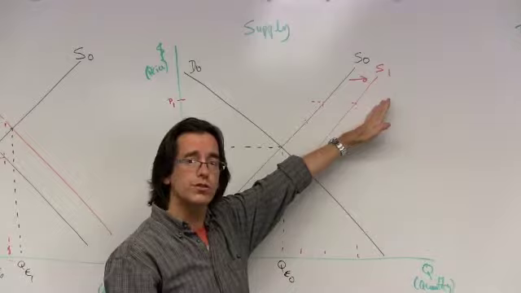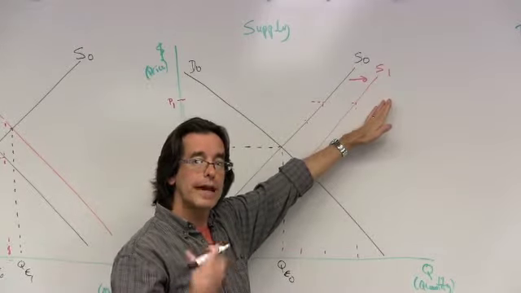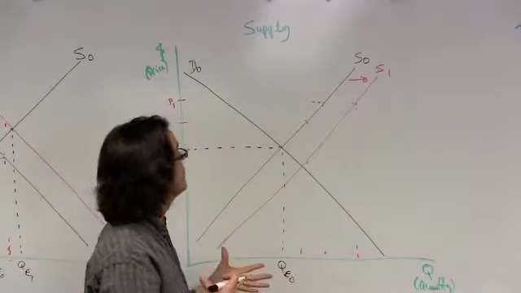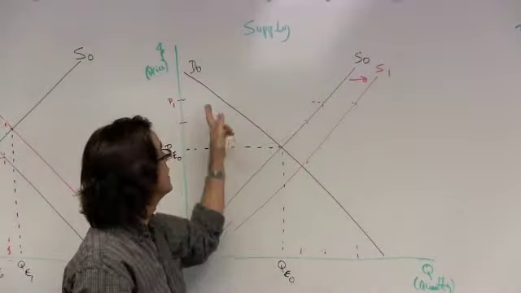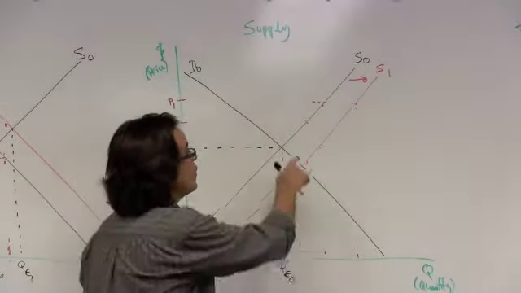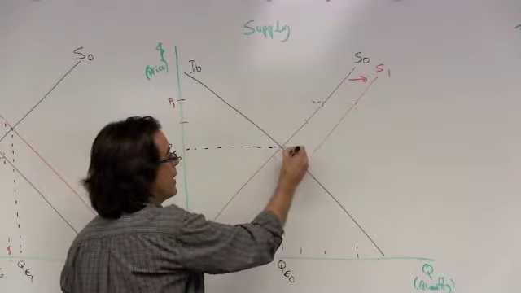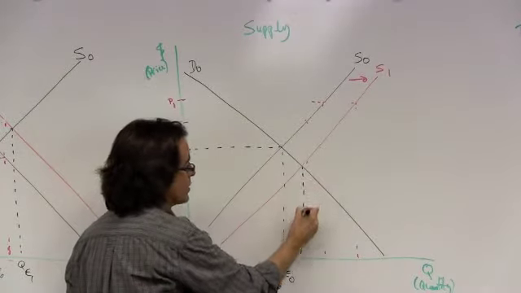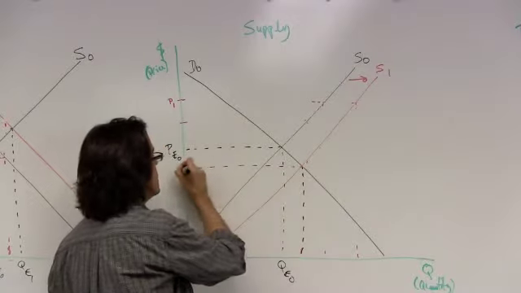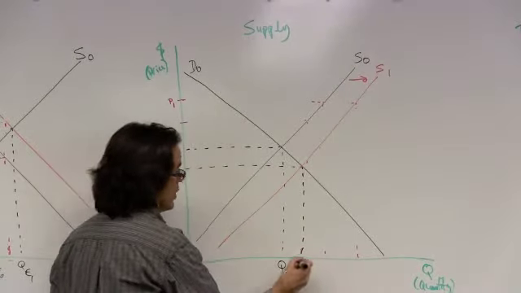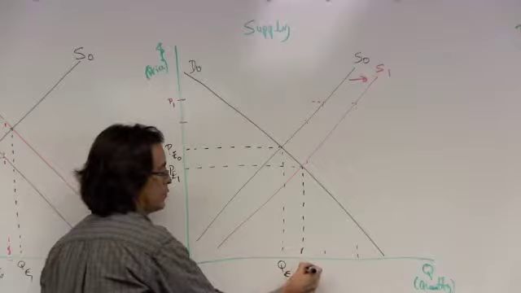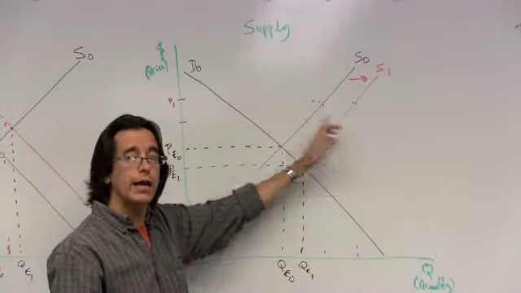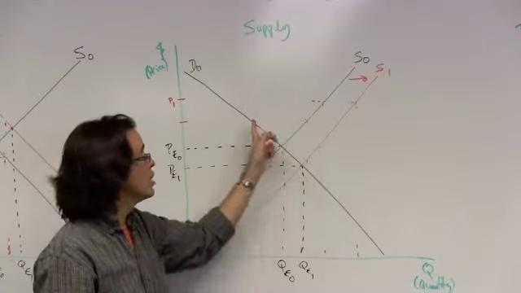That causes the shift to the right in the supply curve. But again, this is not changing the underlying behaviors of the consumers, of the buyers of the wine grapes. So with this shift in supply, we have a movement along the demand curve. And as a result, we have the equilibrium price going down, the equilibrium quantity going up. So again, a shift in the supply causes movement along the demand.